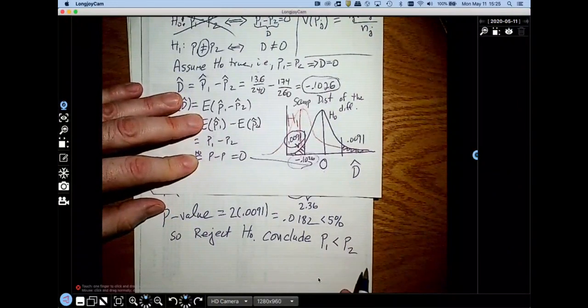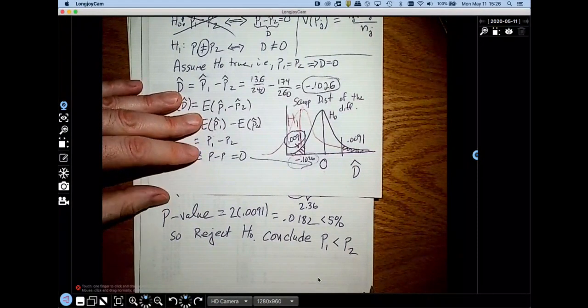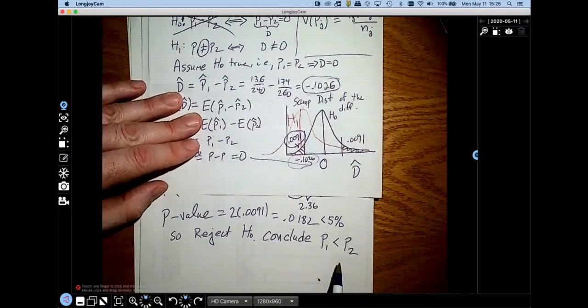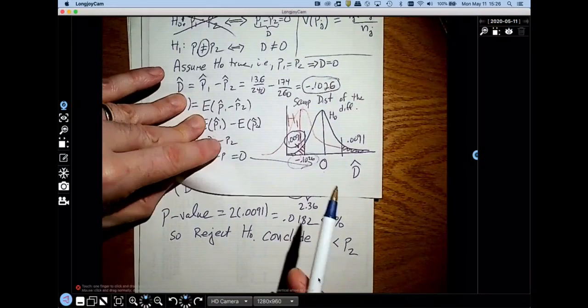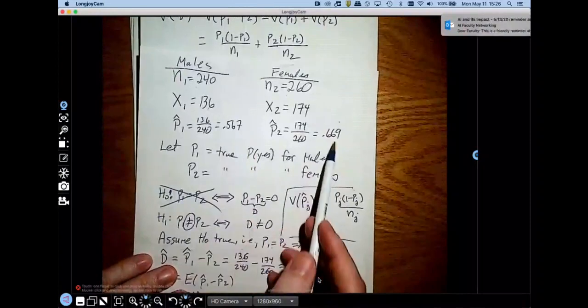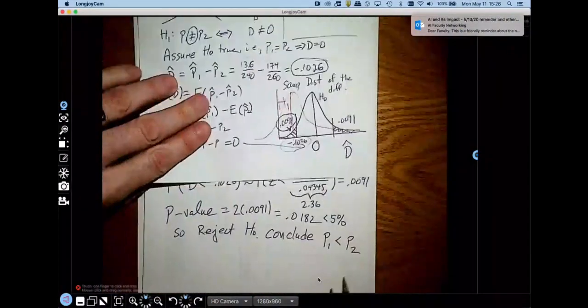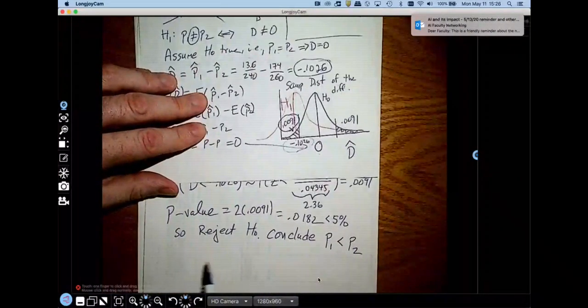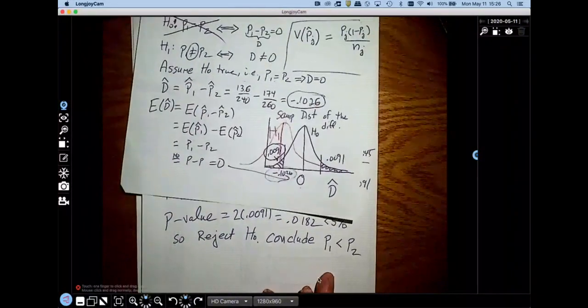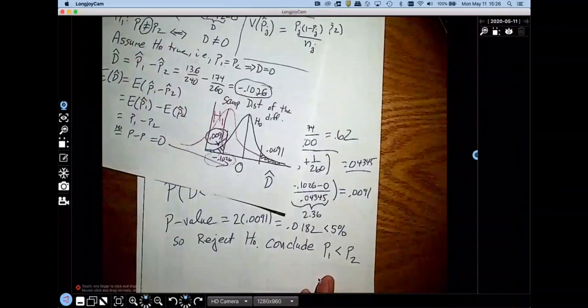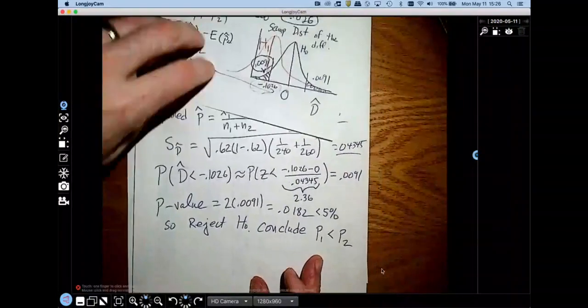So at this point, I've looked at my data and ruled out sampling variation with this test, and therefore the fact that this proportion for men was less than the proportion for women indicates to me that I can reject H naught. Now, another approach to this would be to form a 95% confidence interval.